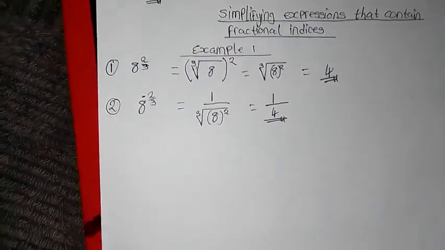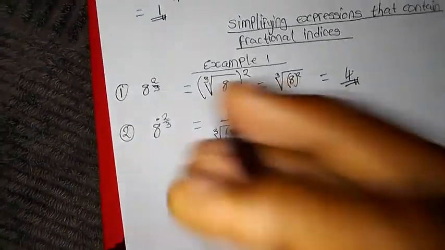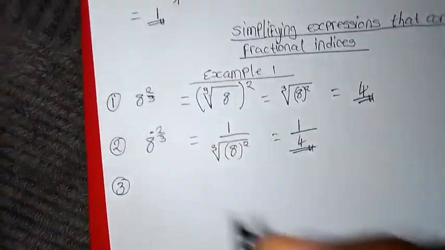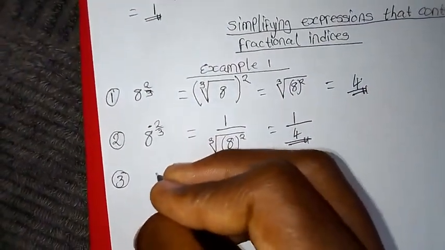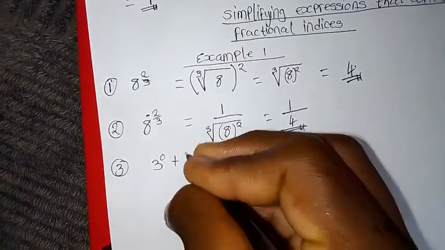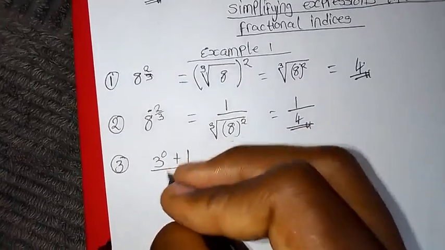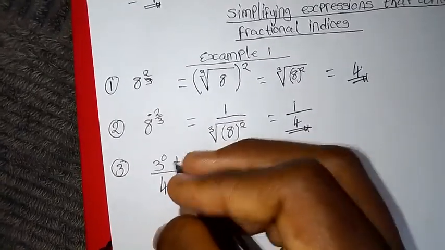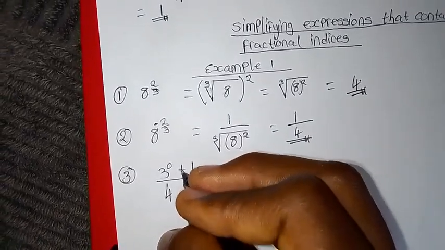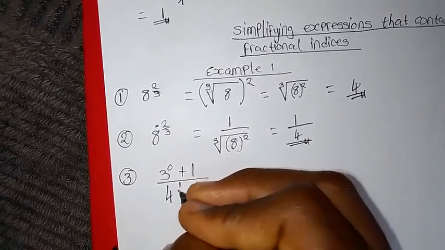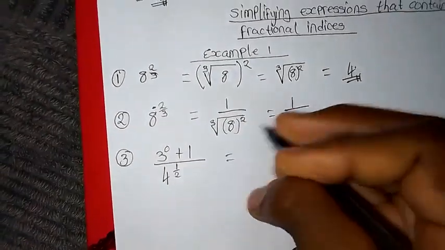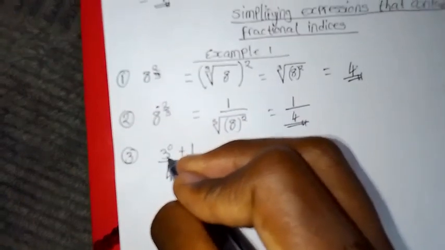So the last question on this is 3 to the power 0 plus 1 over 4 to the power 1 over 2. For this one, any number raised to the power 0 is 1.